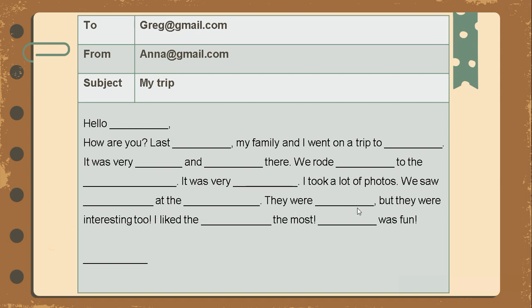They were blank, but they were interesting too. For this one, choose an adjective to show your feelings. Next one, I like the blank the most. So for this one, you write down the things that you like the most. Next one, blank was fun. So for this one, name of the place.